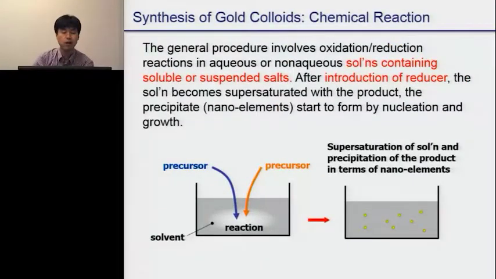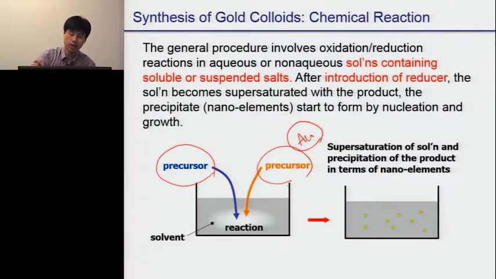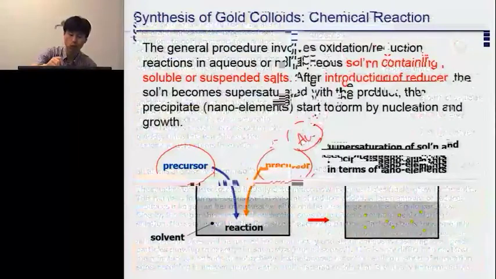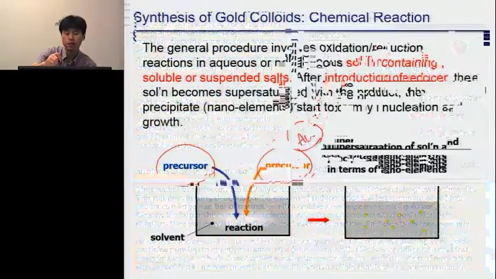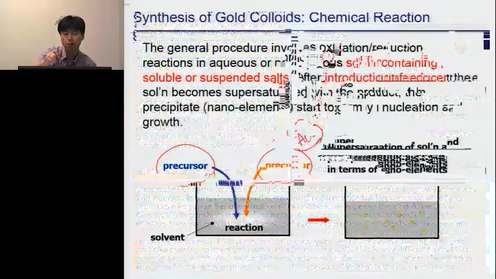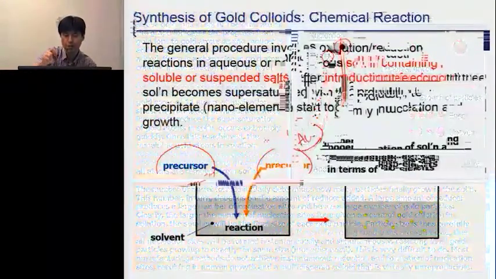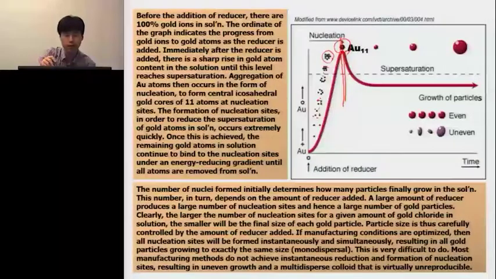So this is the way of synthesizing gold nanoparticles. In this case, we put in chemicals, and when the two chemicals undergo the chemical reaction, the gold atoms start to aggregate, and at some point it reaches a certain size, about 11 atoms.